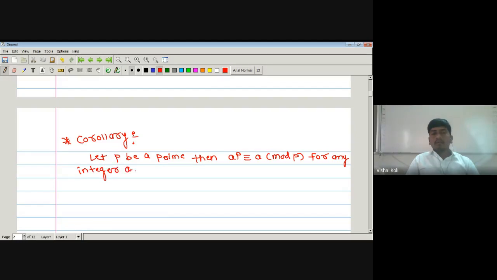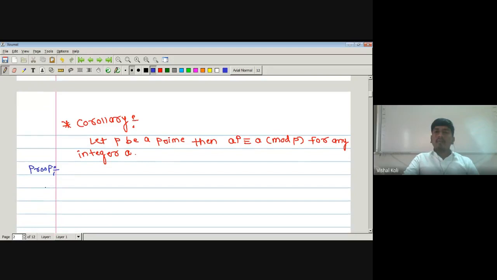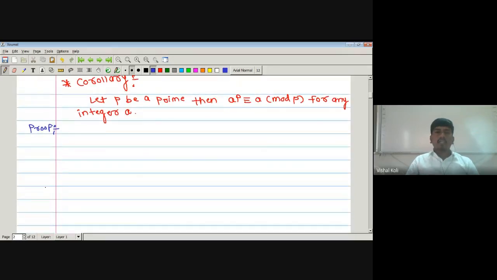Okay, so here given that p is a prime number, and we have to prove that a to the power p is congruent to a modulo p for any integer a.